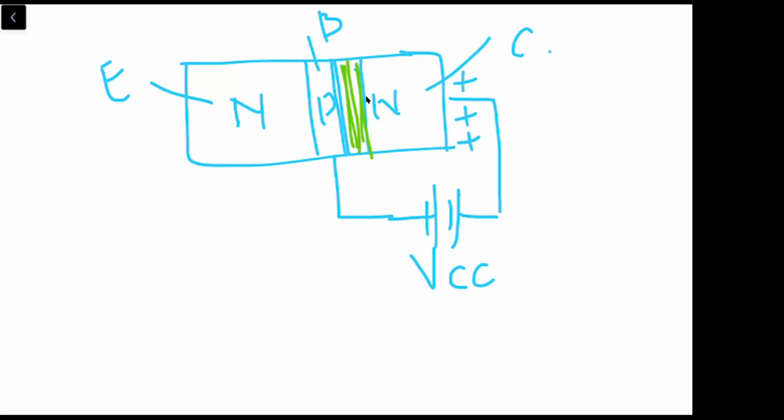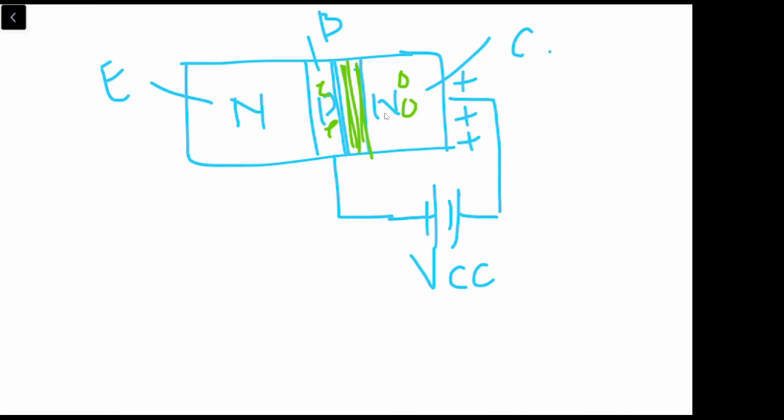Now, this is the function of the majority carriers. What about the minority carriers? The minority carriers on the base side are basically the free electrons generated due to the hole pair creation. Similarly, over here we have the minority carriers as holes in the valence band.